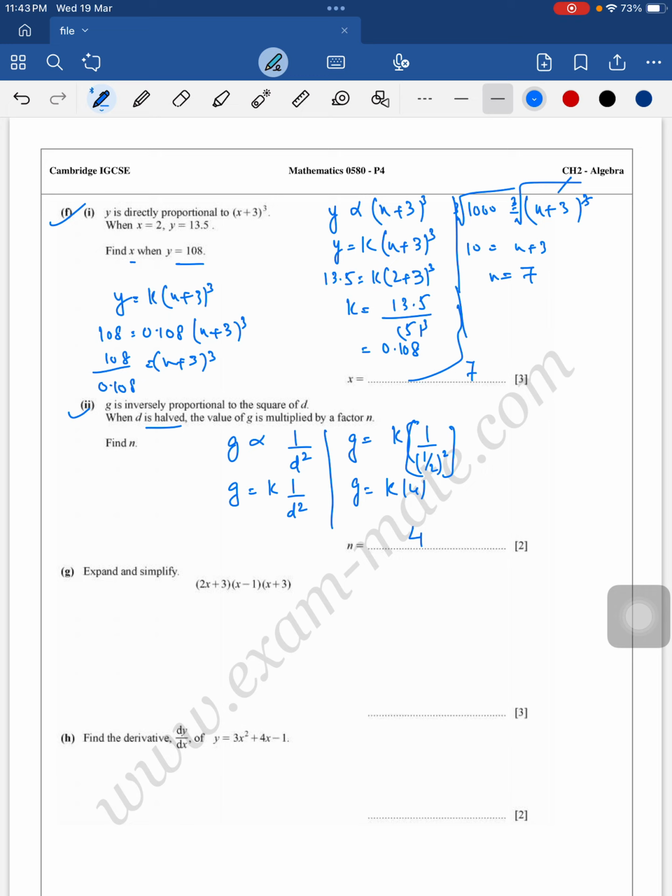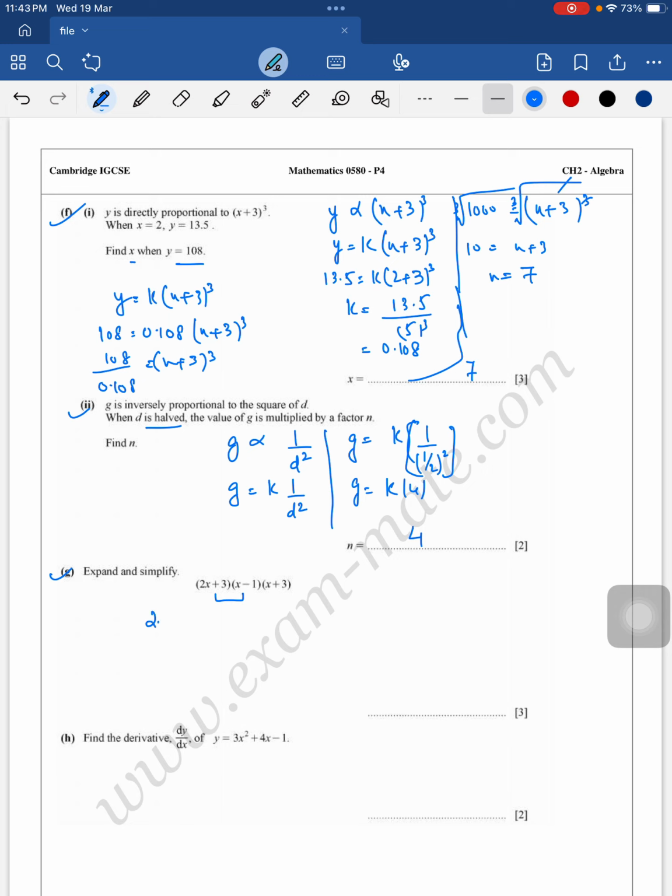Moving forward, expand and simplify. We have three brackets: 2x plus 3, x minus 1 and x plus 3. Just the first two brackets should be multiplied and then the result should be multiplied by the third one.